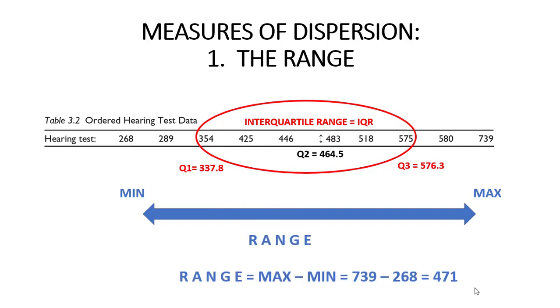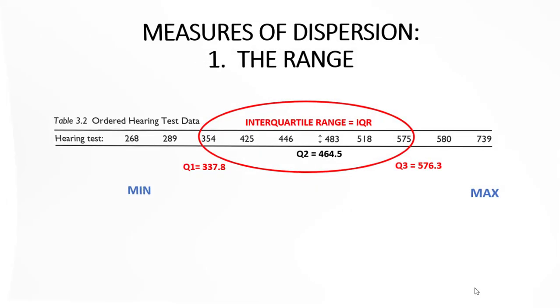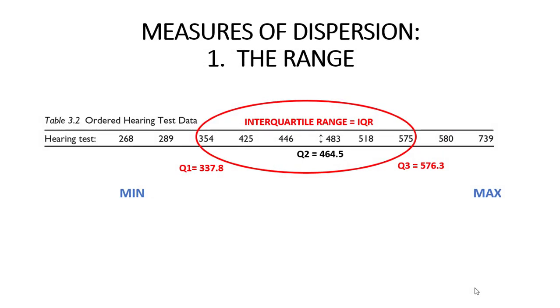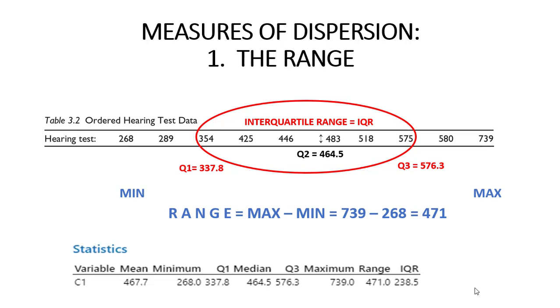And the way then we calculate the range is we take the maximum value and we subtract the minimum value, and in this case is going to be 471. So the range then is going to be the difference between the maximum and the minimum value that we have in our data.